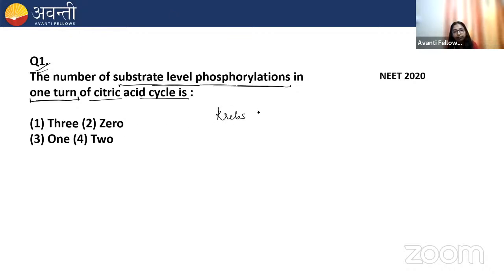The Krebs cycle, which is taking place in the mitochondria. They're asking about this Krebs cycle or the citric acid cycle. We also call it TCA. What do you think? Substrate level phosphorylation. Try to remember the end product. How many ATP or GTP are forming in the Krebs cycle?